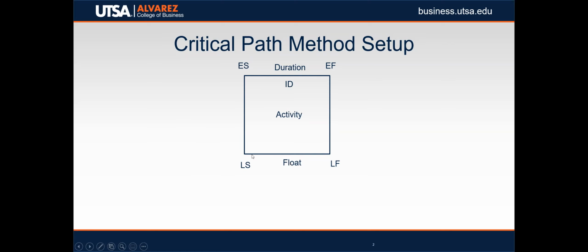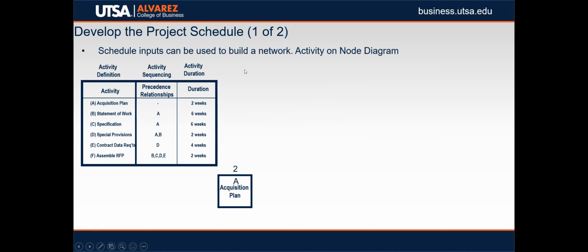When you're setting up your activities, always try to set it up the same way so that you won't get confused by numbers and other annotations. Here's an example of a table where they give us a list of activity definitions. They also put the sequence or the ID in here, which is A, B, C, D, E, F for each of these tasks.